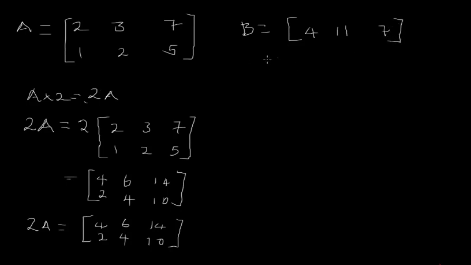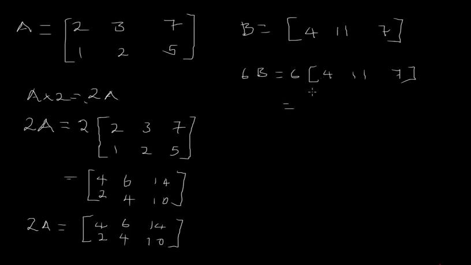And I tell you to say find 6B. Okay, so grade 9s, grade 12s, give this one a try, and let's see if we can arrive at the same answer. So 6B, I'm simply saying 6 multiplied by this whole matrix that we have, which is 4, 11 and 7. Okay, so let's get into it.